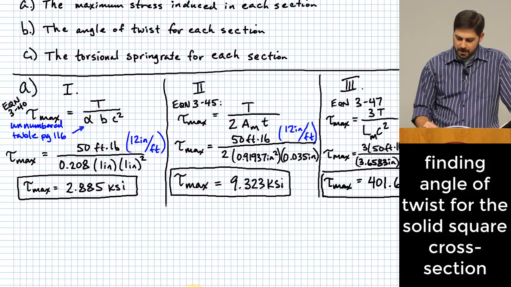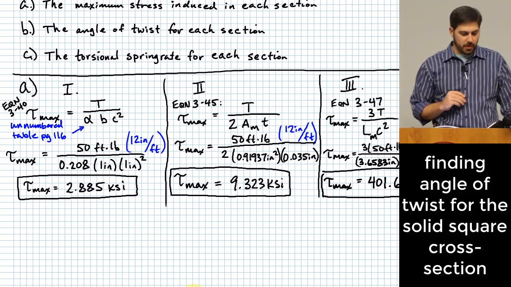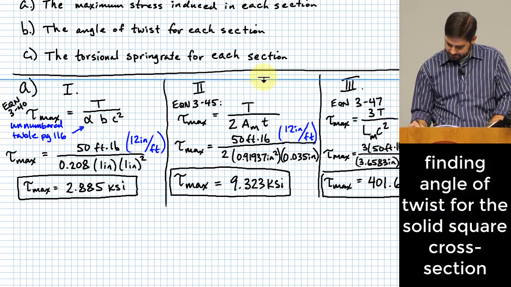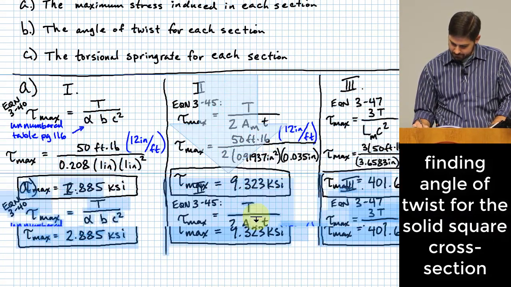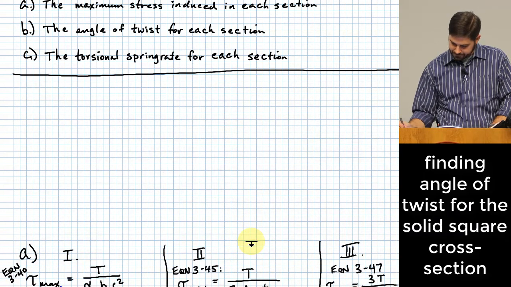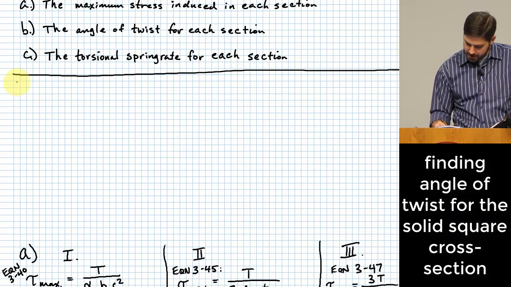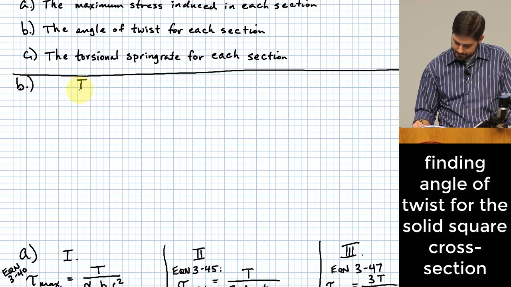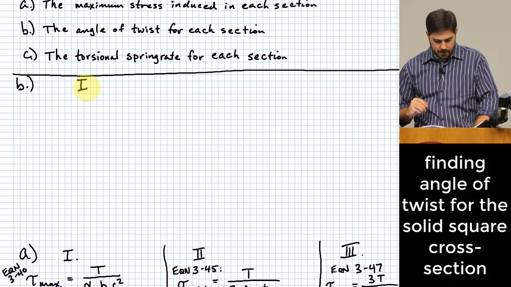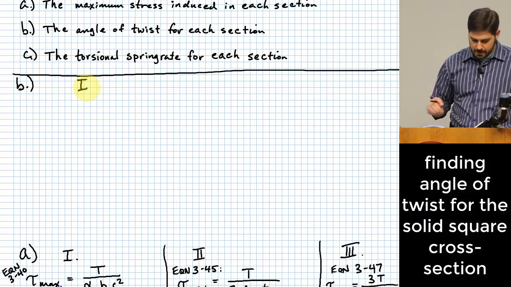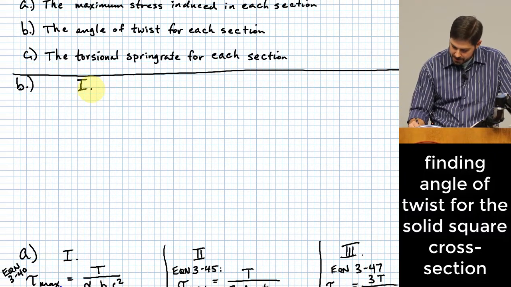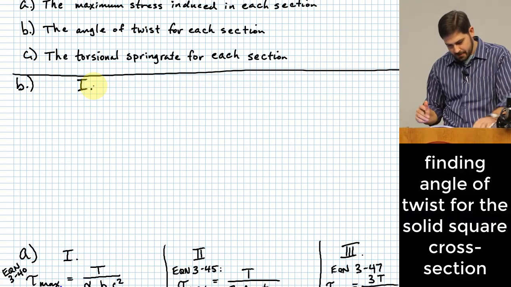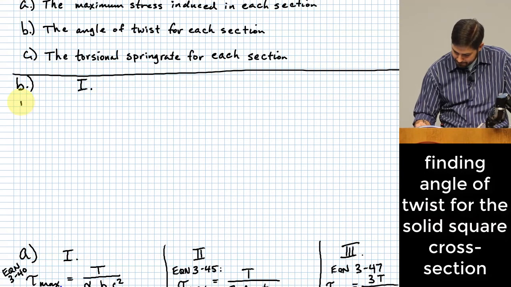All right, so next piece, we want to know what is the angle of twist for each of these. So part B, we'll start with the solid cross-section, and there's an equation on page 116, equation 341.